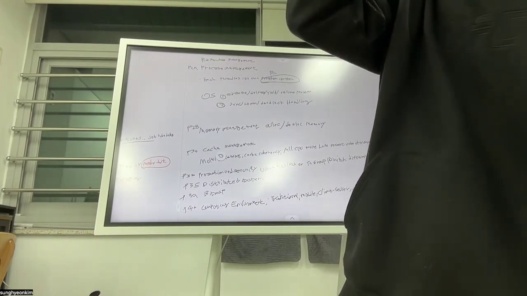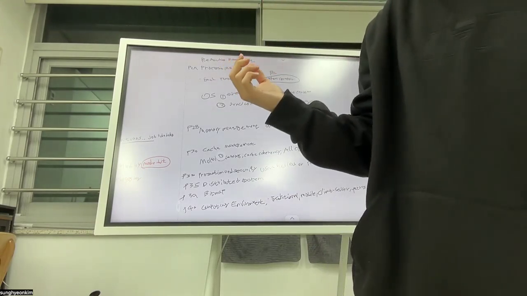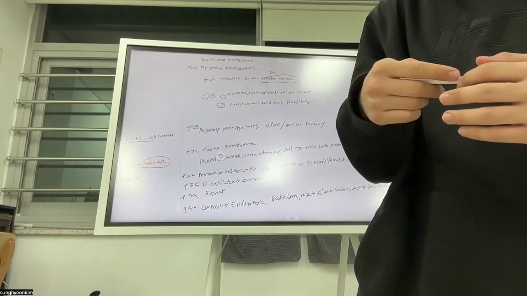And for operating system services, there's the UI type, which is GUI and CLI, and there's the system call, which is the API that gives access to operating system calls.